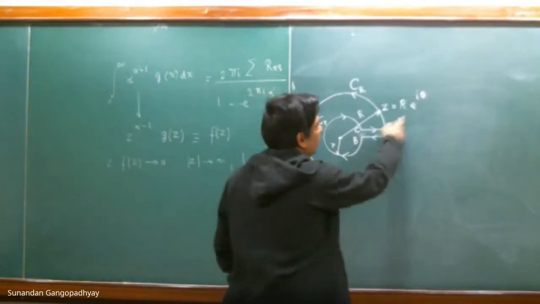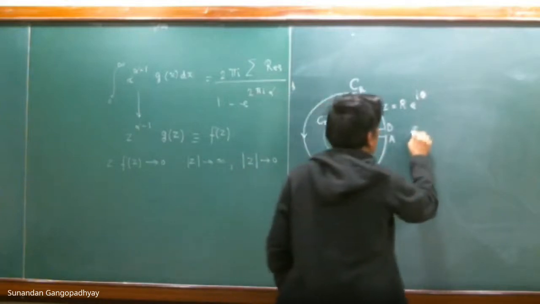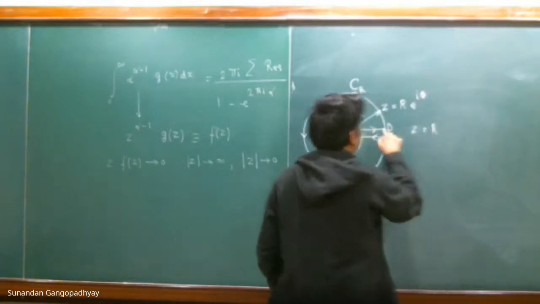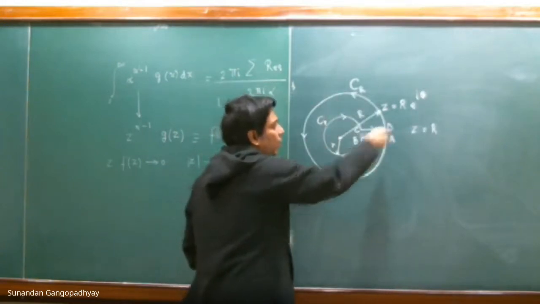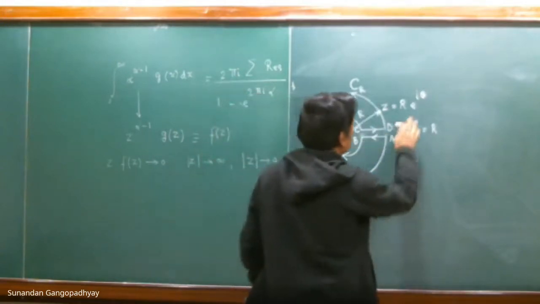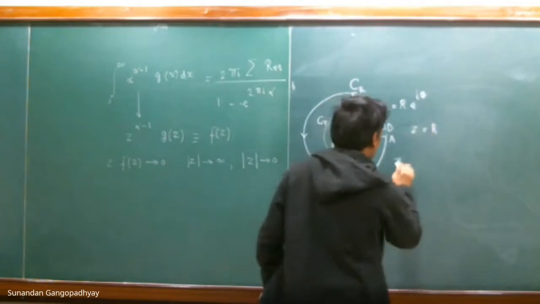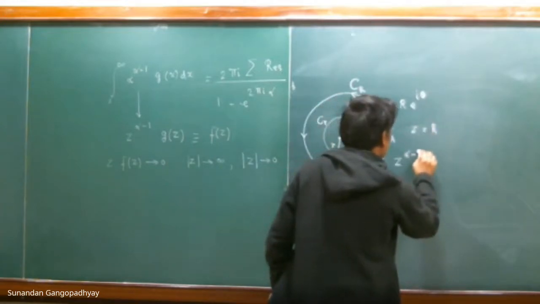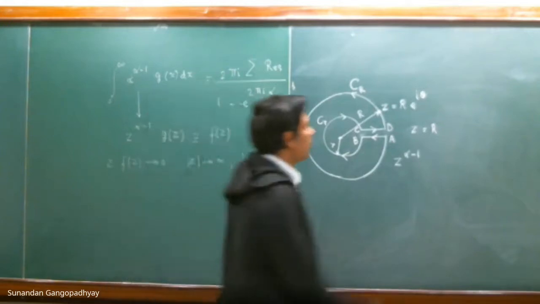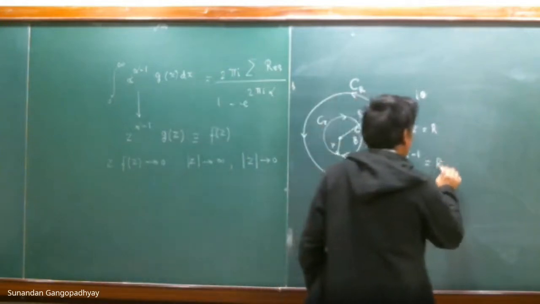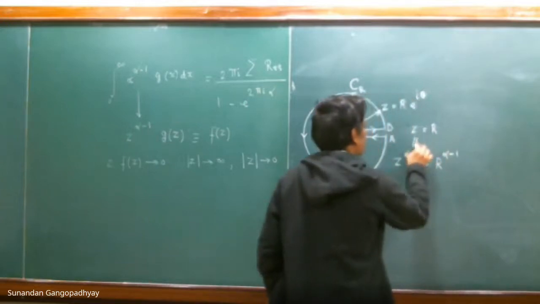At this point theta is 0, so z is basically R at this point. Now you take it around. If z is R, let me write down what z to the power of alpha minus 1 is. It will be R to the power of alpha minus 1. It follows from here.